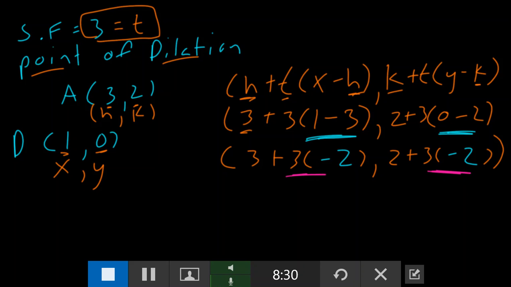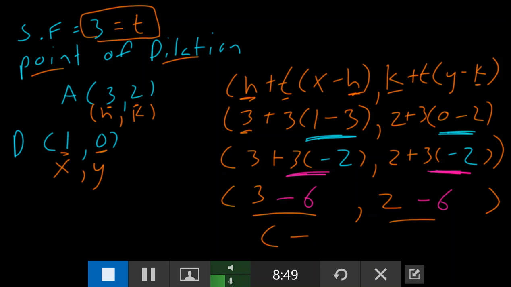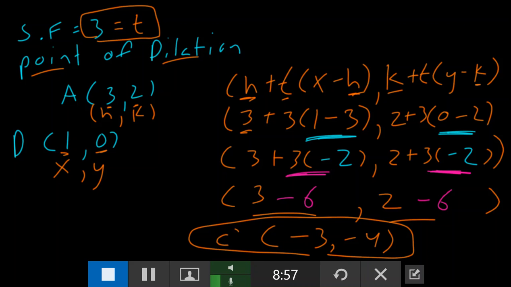Notice I'm kind of leaving myself some space here. We see that 3 times negative 2 is negative 6. 3 times negative 2 is still negative 6. And lastly, we can finish this problem out. 3 minus 6 is negative 3, comma, 2 minus 6 is negative 4. And here is our point for C prime.